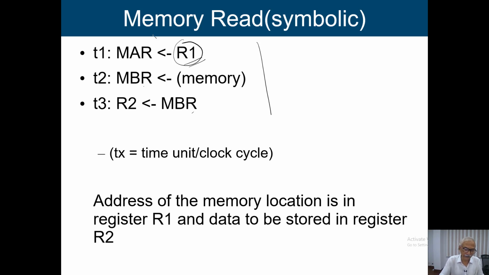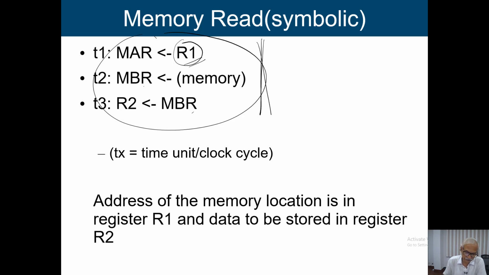Combining these three operations, we are bringing the information from main memory to the processor register. Again, these three steps depend on the addressing mode. Here we are using register direct addressing mode, so it can be done in three steps. But if we use some other addressing mode, this read step will be different.